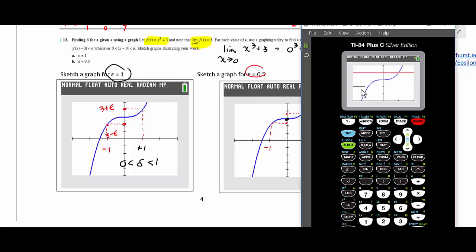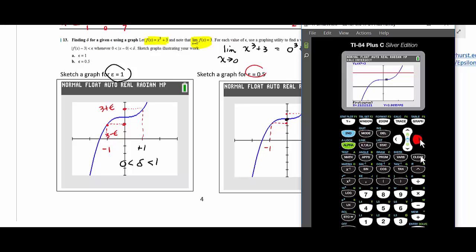Okay, like this. Now what we need to do is find these intersection points right here to find these delta values. It looks like -1 to 1. So I can go second trace, and option 5 to intersect, and I can get the intersection values just by closing in with the cursor key fairly close, like this.